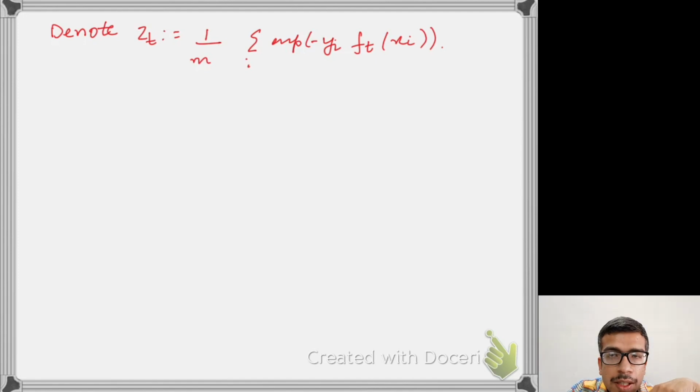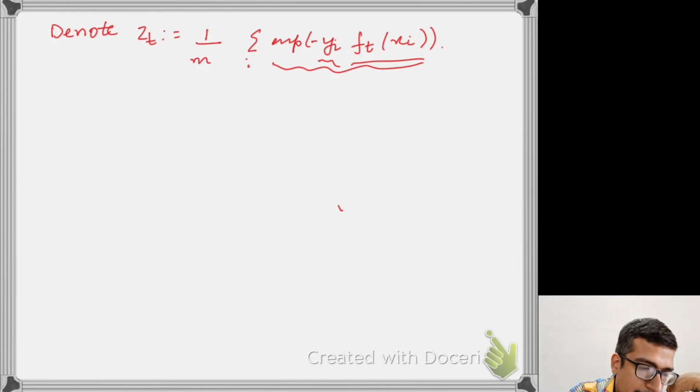So what is it doing? Essentially we are looking at the examples and how related they are to f_t(x_i), and the idea is that if you take the exponential of minus y times any hypothesis, then it is somehow trying to upper bound the error. Okay, so let's make it more precise.